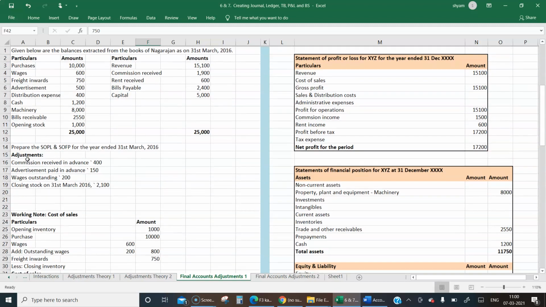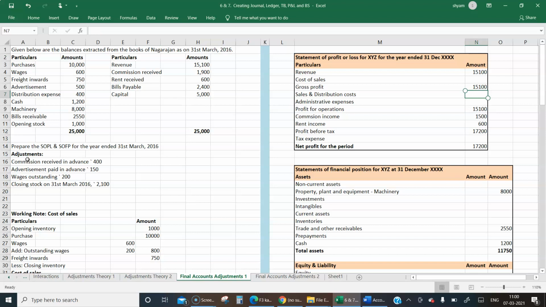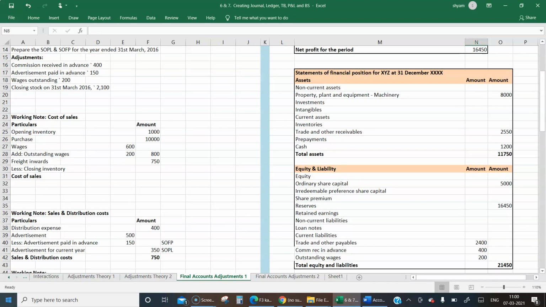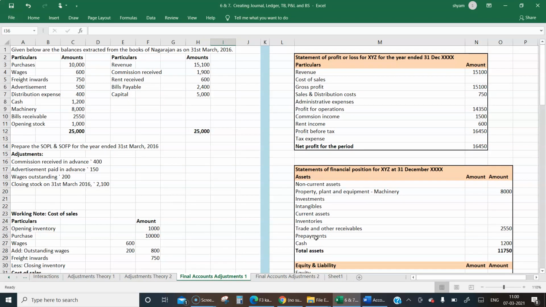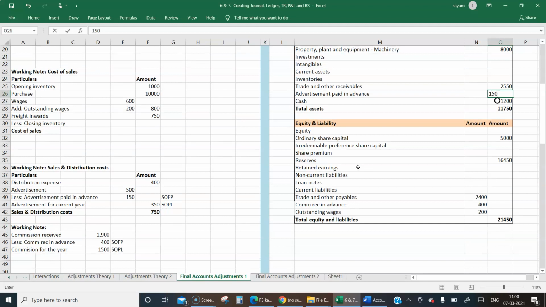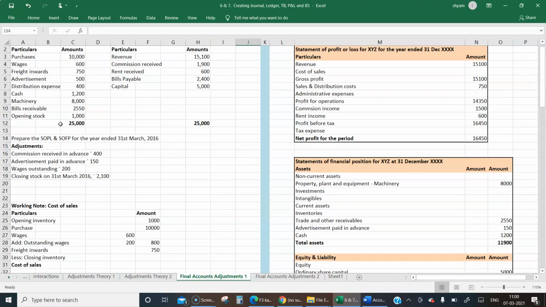That we can show in the sales and distribution expense as 750. And we still have, less advertisement paid in advance, that is an asset, so that has to go to the asset side, so we will put it here. That is 150. Okay, is there any balance adjustments? We just have to find out.